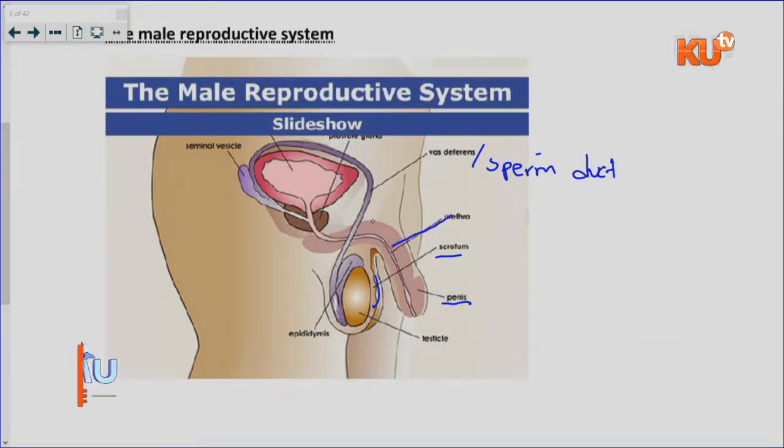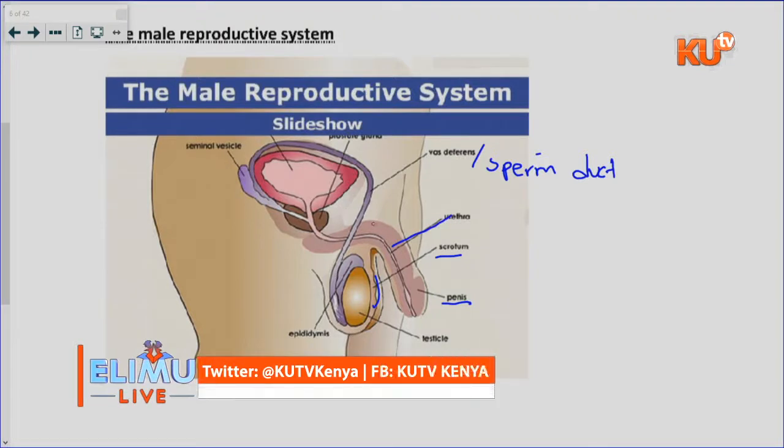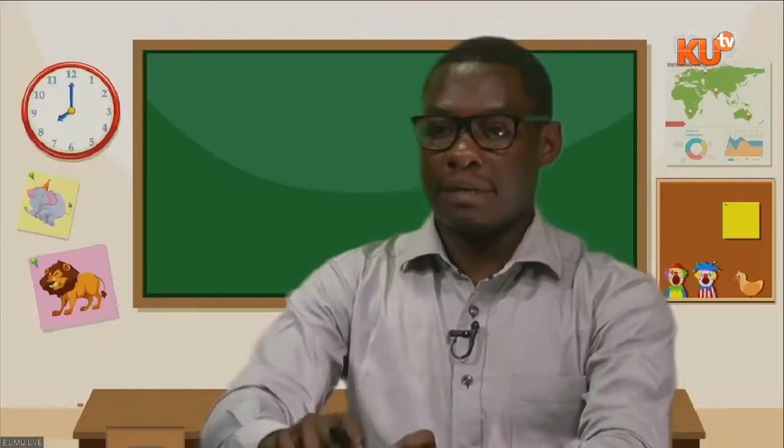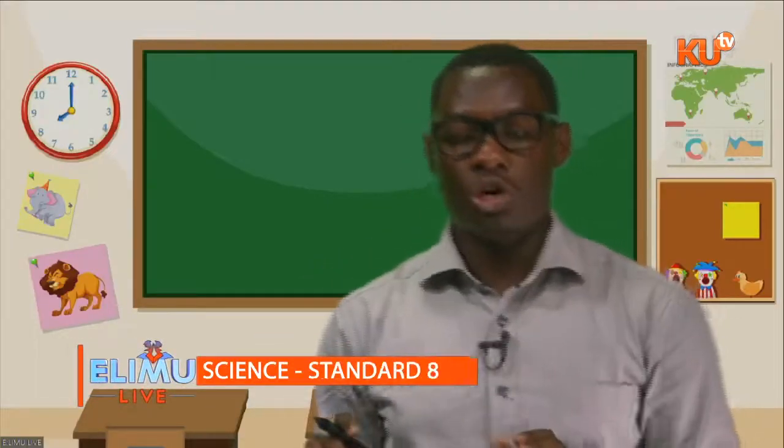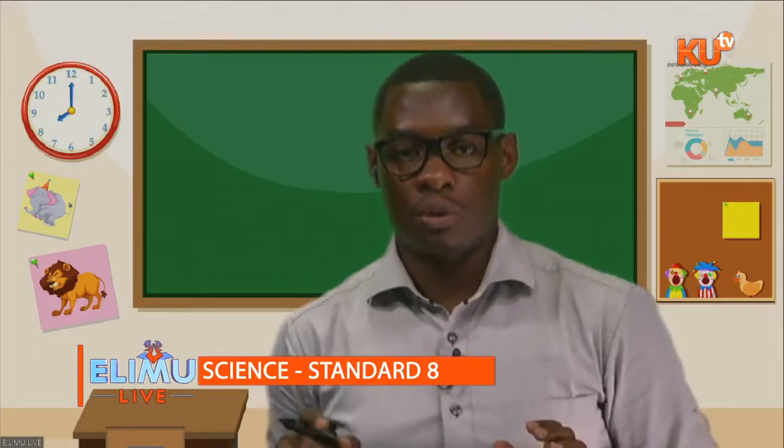We'll be looking at the functions later. So we also have the epididymis. This is where it is. Then we have what we call glands, and the two glands, one is this and the other one is that. So in the primary syllabus, we don't need to know the glands.